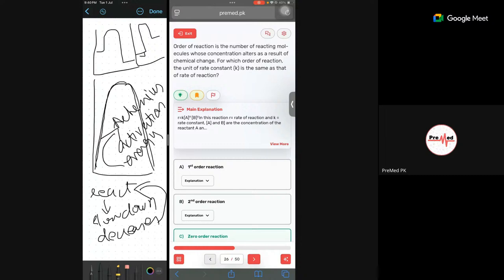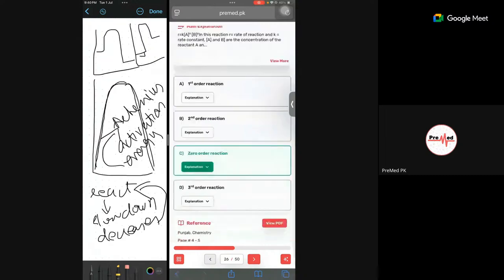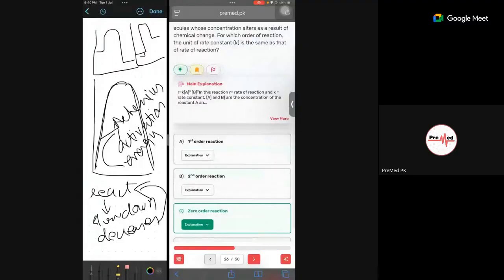Third order reaction, it triples. So we have only one option left, which is the zero order reaction. So for zero order reaction, the unit is the same as that of rate of reaction. You see that the reactions of ozone and the reactions going on in the stratosphere are all known as zero order reactions.